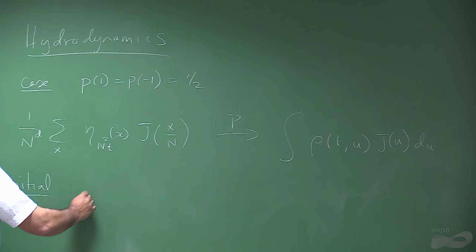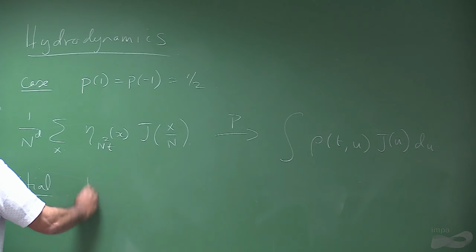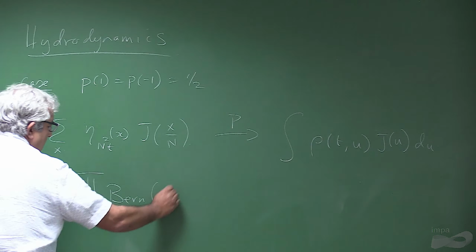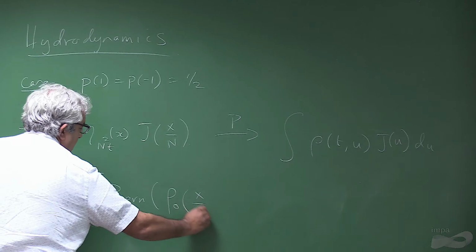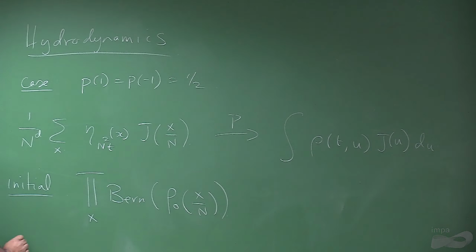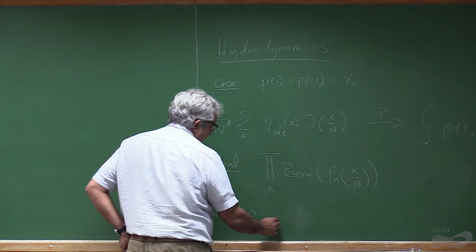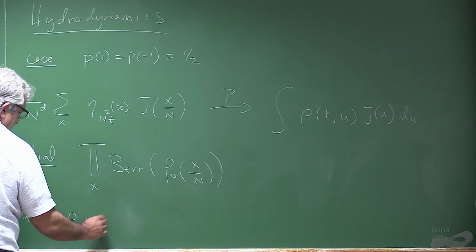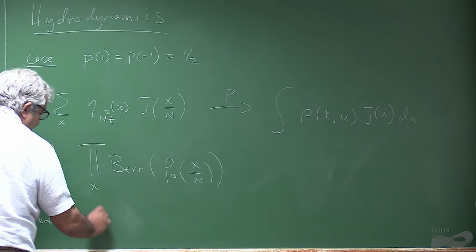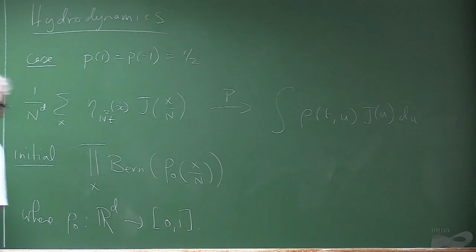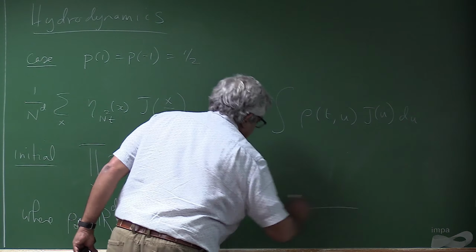Let's distribute according to one of these product measures, where rho naught could be a continuous function, and in one dimension it looks something like this.